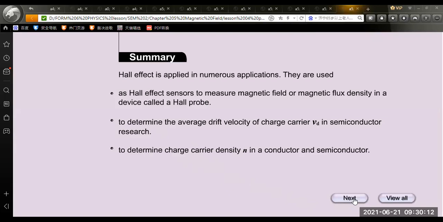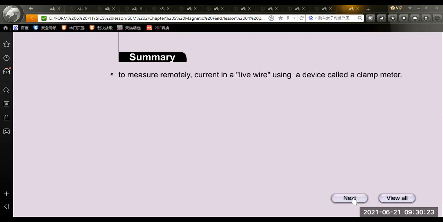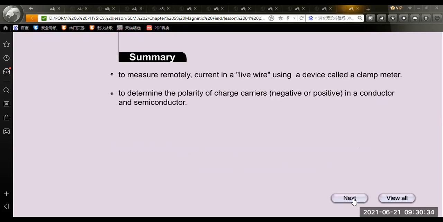To determine charge carrier density n in a conductor and semiconductor, how many charge carriers. Next, to measure remotely the current in a live wire using a device called a clamp meter. To determine the polarity of charge carrier, negative or positive, in a conductor and semiconductor. And to determine the pole of a magnet.